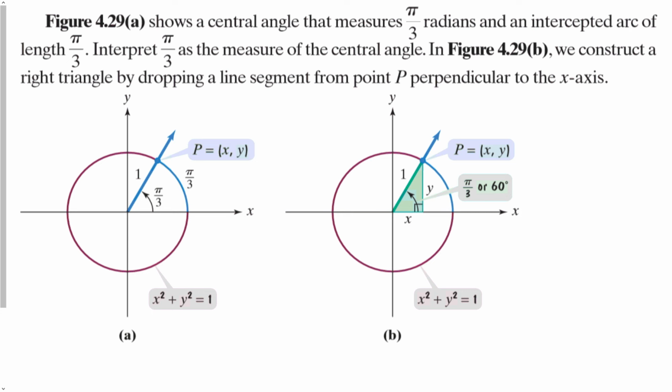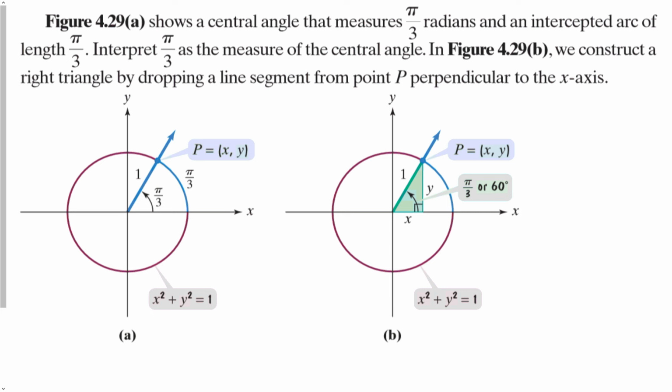Here's a better picture. The first figure, figure A, shows a central angle that measures pi over 3 radians. The arc, the blue one, is also pi over 3 by definition. If the radius is 1, this arc length is the angle times the radius, so pi over 3 times 1 is just pi over 3.